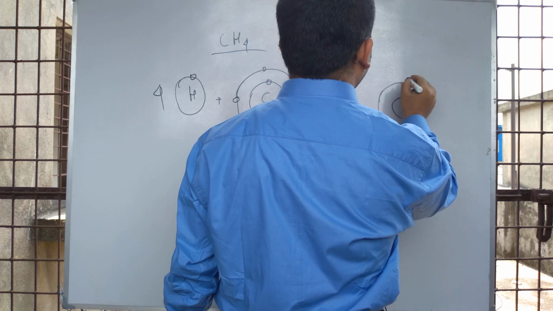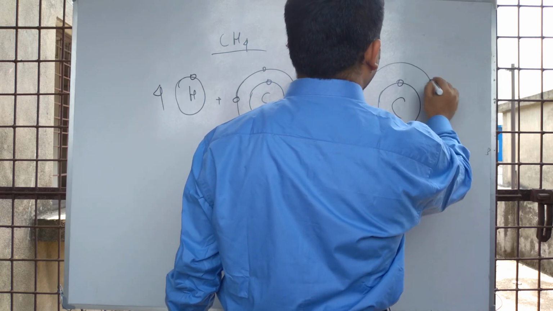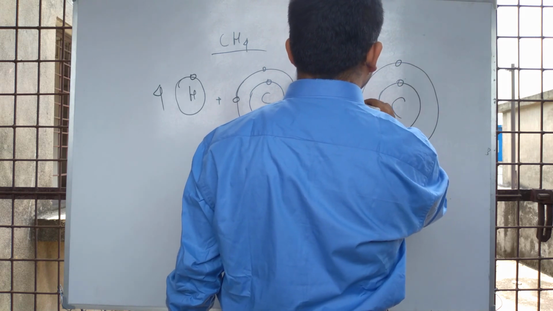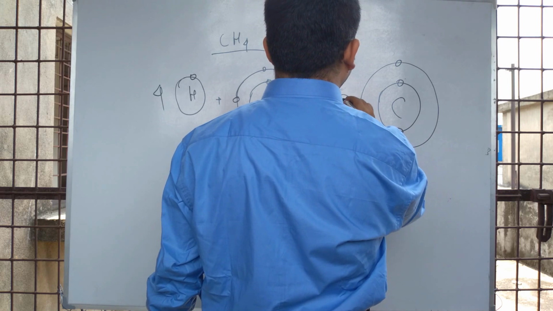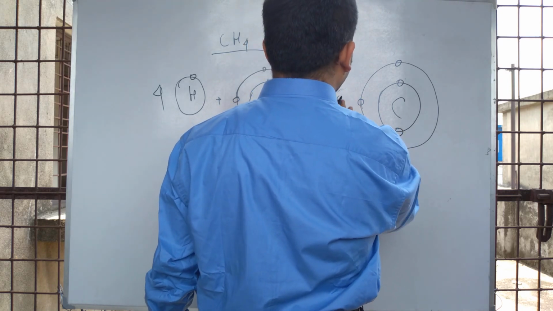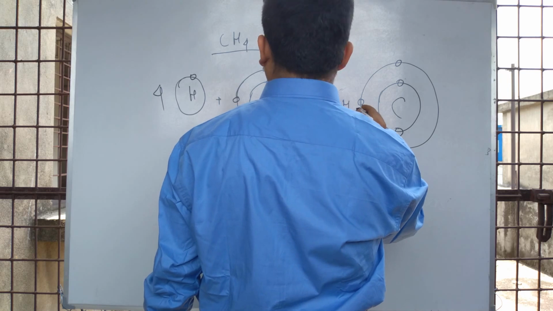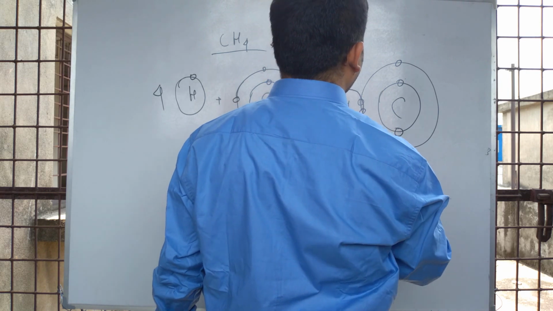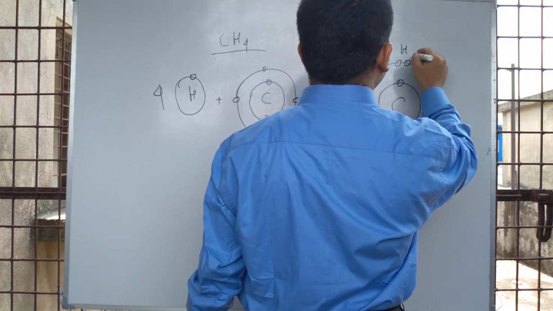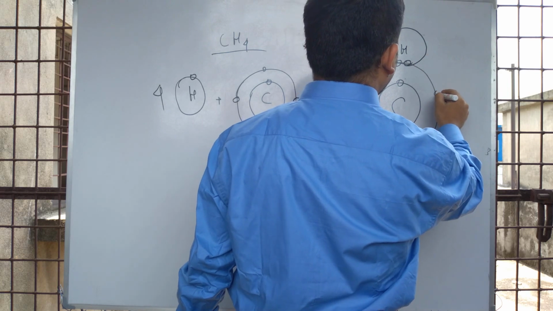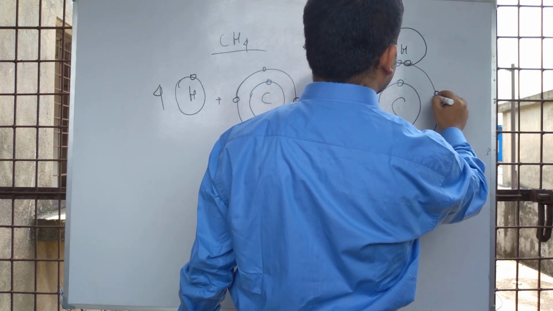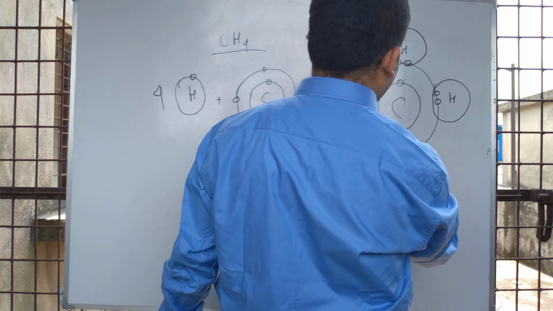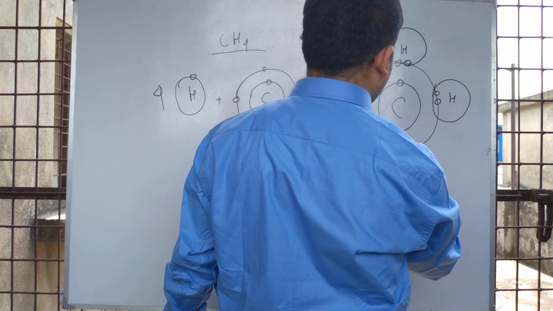So we can write 2 electrons in the inside shell of carbon, and in the outermost shell it shares electrons with hydrogen.